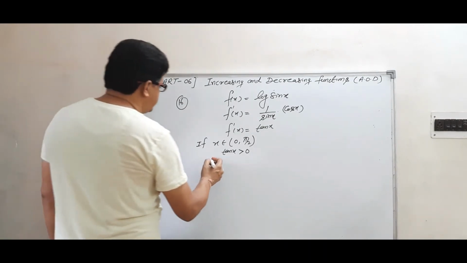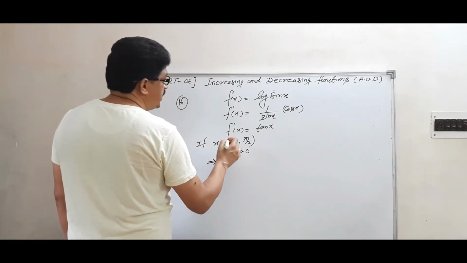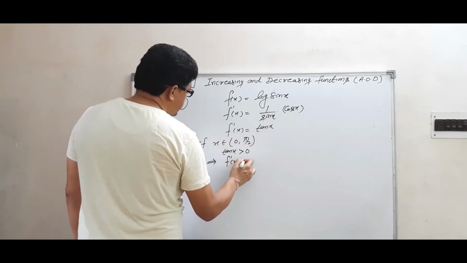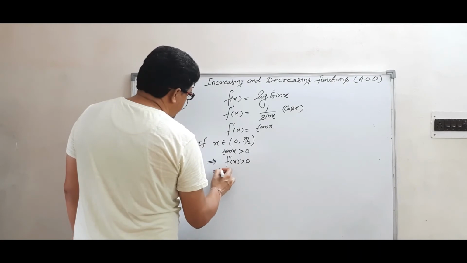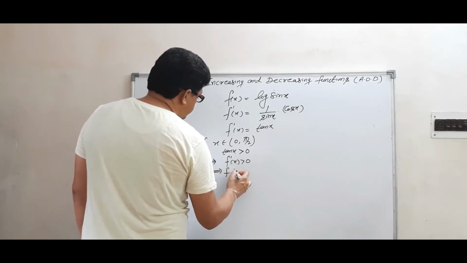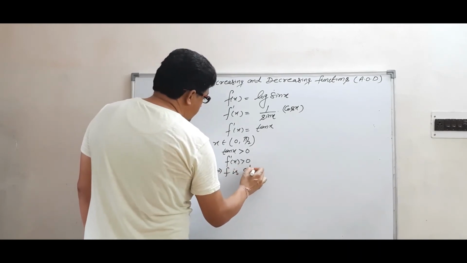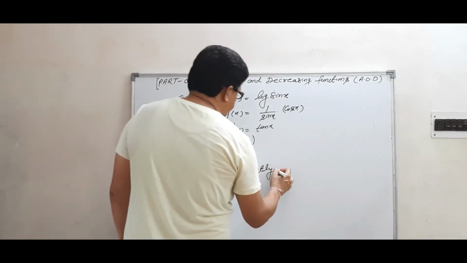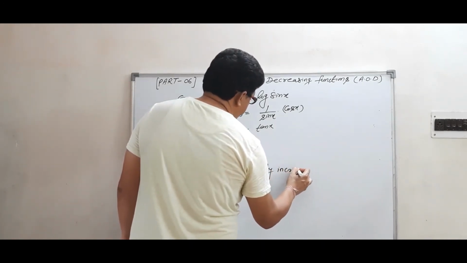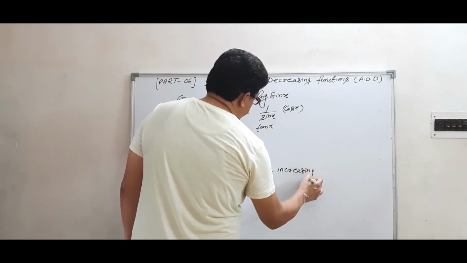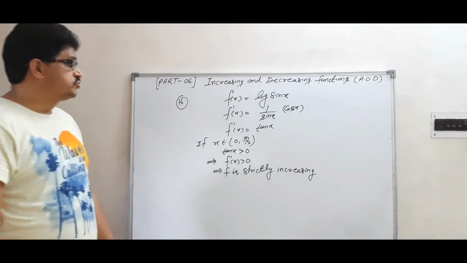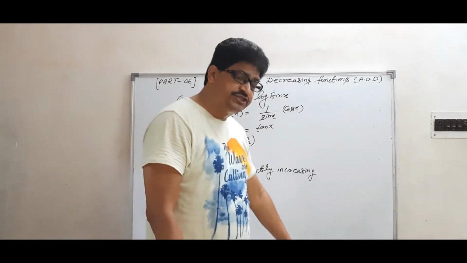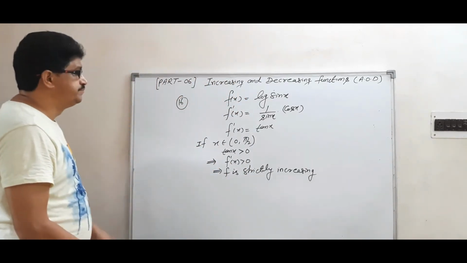This implies if tan x is greater than 0, f dash x is greater than 0 and f is strictly increasing. So in the interval 0 to pi by 2, f is strictly increasing.